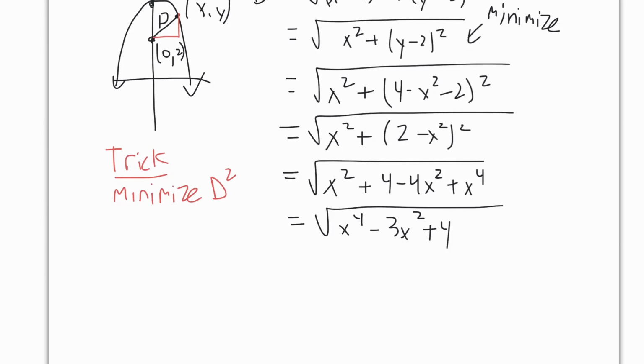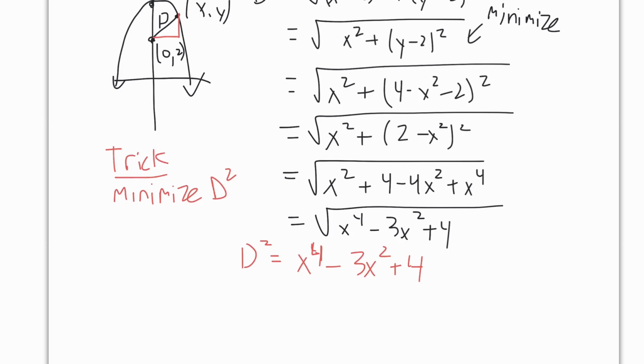So over here, d squared would be equal to x to the 4 minus 3x squared plus 4. But we don't want to call this d squared prime or something, right? That would look a little silly. If we were to write d squared prime, it looks like maybe d to the 21 or something, and so we don't want to write something weird like that.